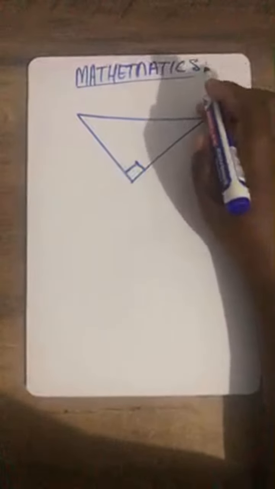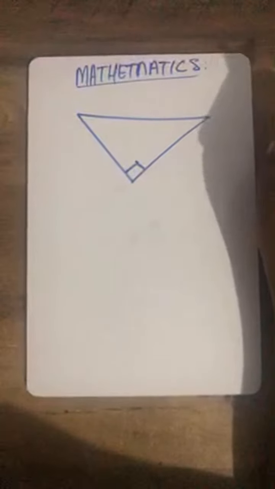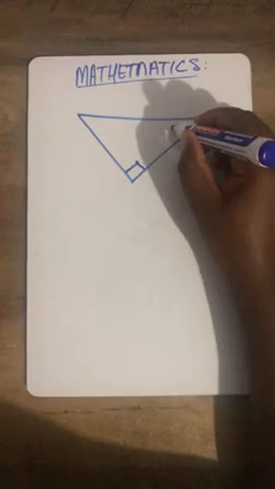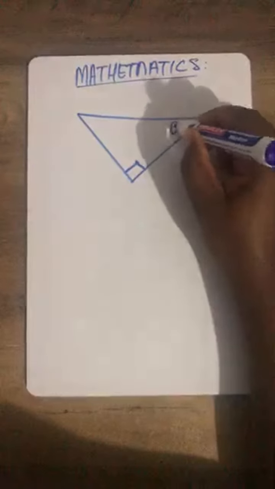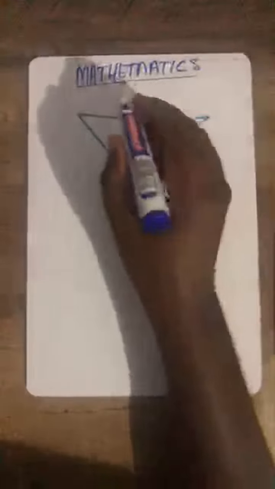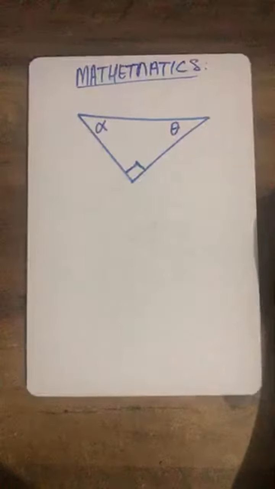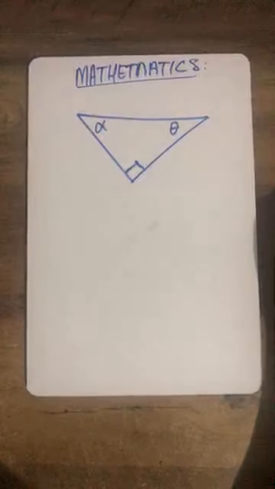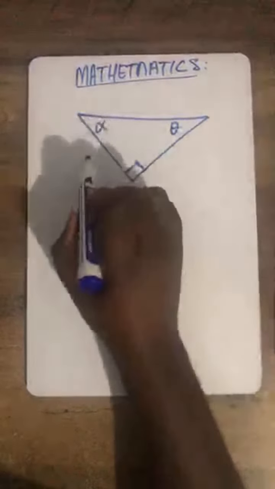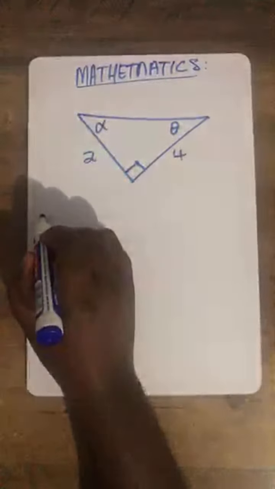And then, what am I going to do now? I am going to say theta there, and then angle alpha there, and then I am going to say 2 there, and then say 4 there.